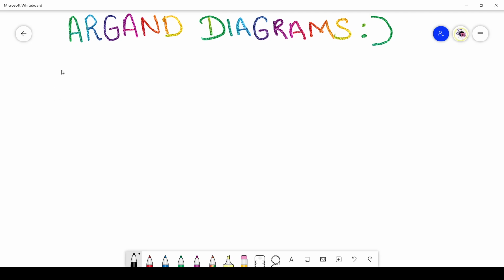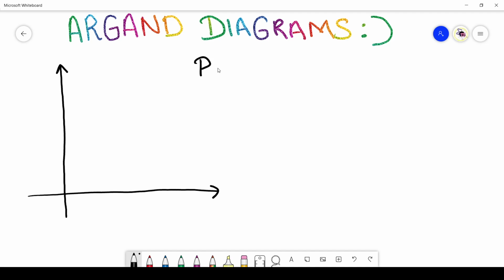Well, you all know what the Cartesian plane looks like, right? Remember that? We have our x and our y axis. So sometimes you may have a point P, and that point has an x and y coordinate. And we also name our axes accordingly.